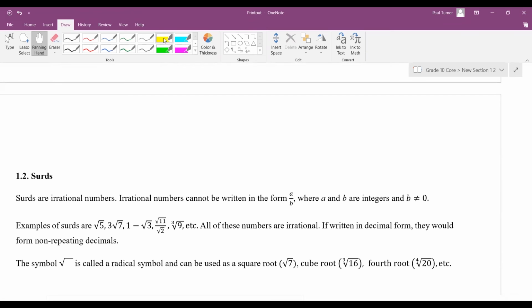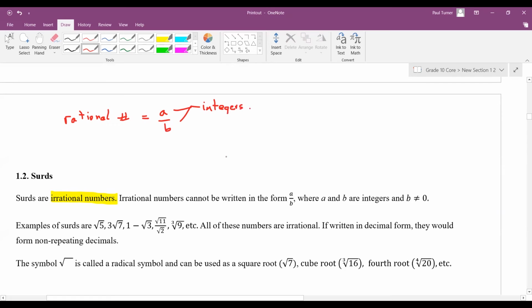Okay, so here it says, surds are irrational numbers. Okay, if you remember what rational numbers are, rational numbers can be written as A on B, where both of these are integers, so whole numbers.